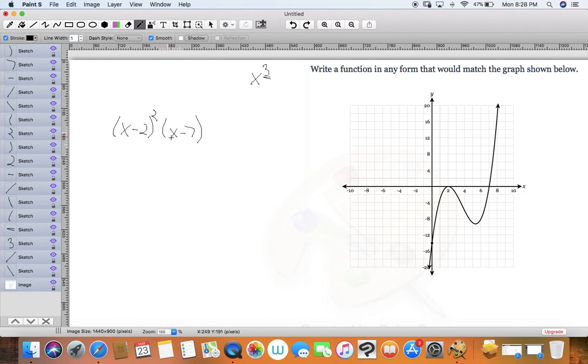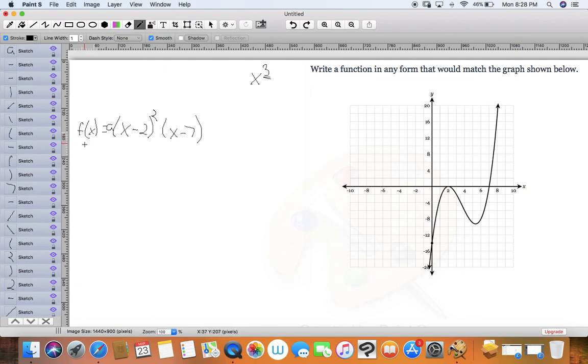To figure out what the a value is, so there could be a number in front here, and they call that a, we use the fact that it also crosses the y-axis at negative 14. So my function, we'll say, is f of x equals, and then there's something here, that a value. f of x is another way of saying the y.